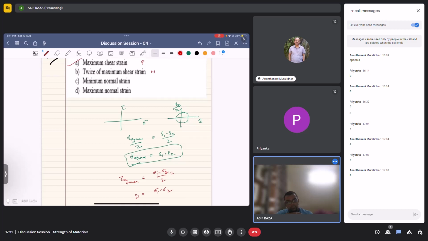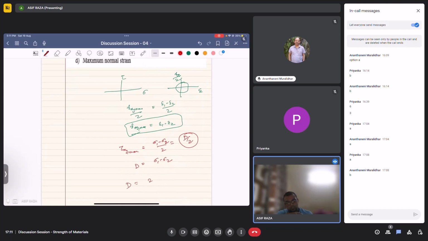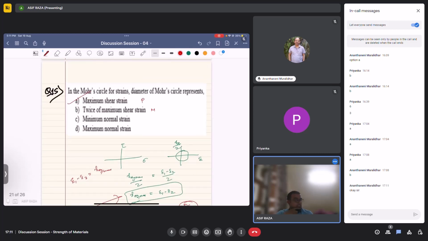So in that case the diameter would have been twice the maximum shear stress. But in the case of shear strain, the diameter is equal to the maximum shear strain. Okay, so this is a trick.